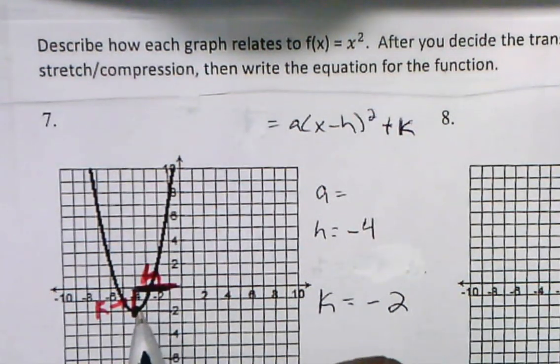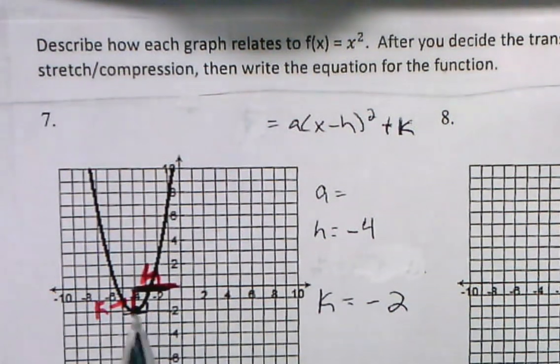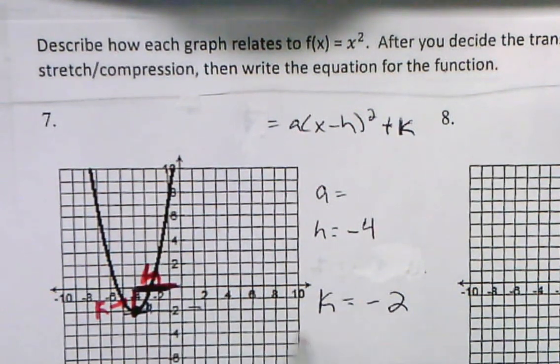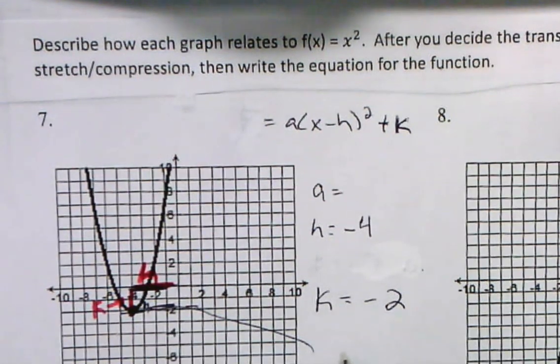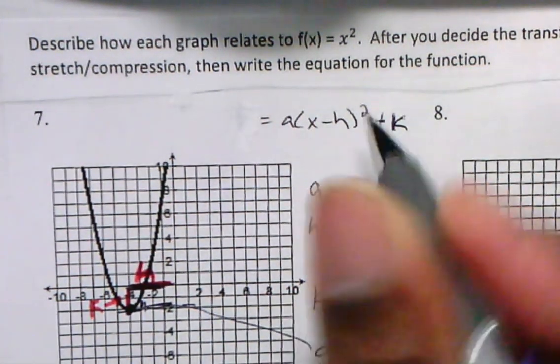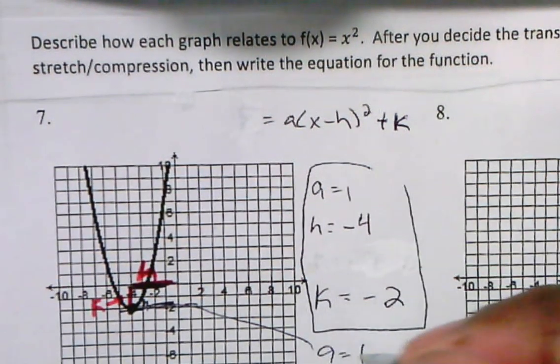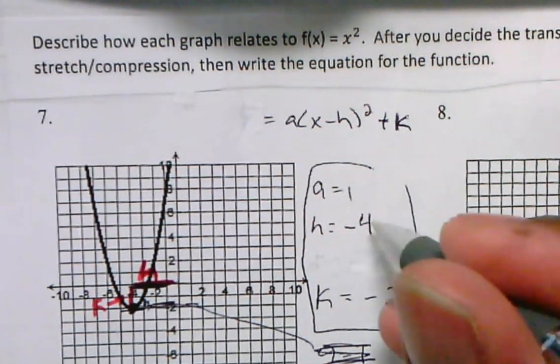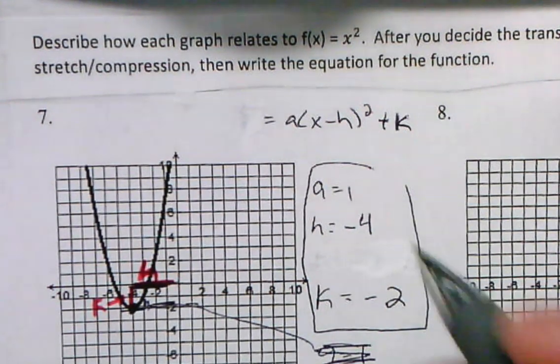The a value is, if you go to the right 1 space or go to the left 1 space, how far you rise upwards from the vertex. Since I went to the right 1, I rose upwards from the vertex 1 space to touch the graph again. So I know a equals 1. I'll put it up here. a is 1. So I know a, h, and k.